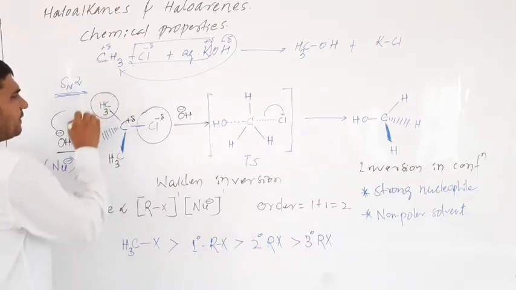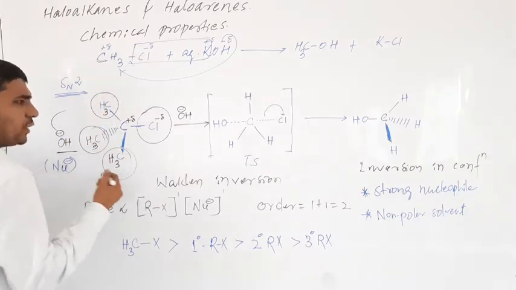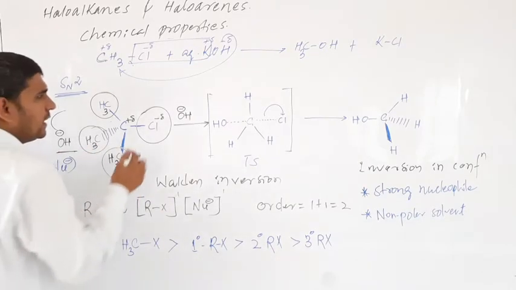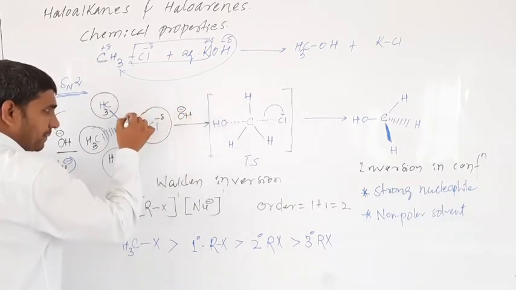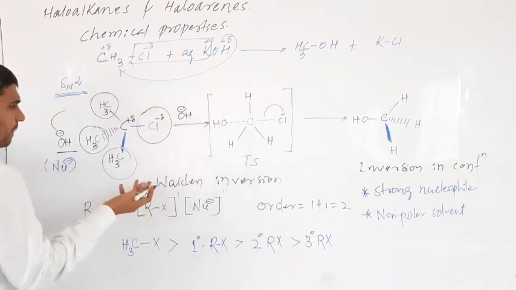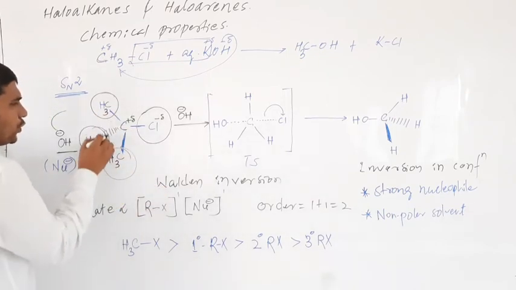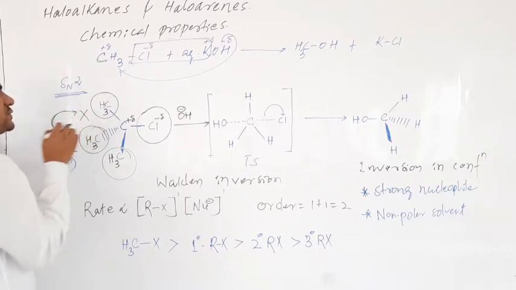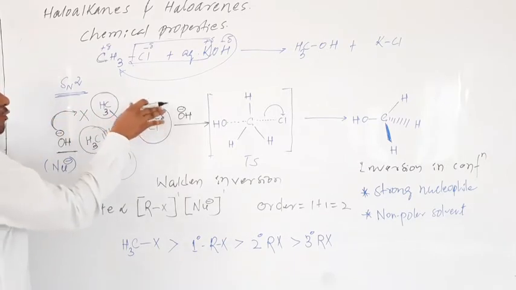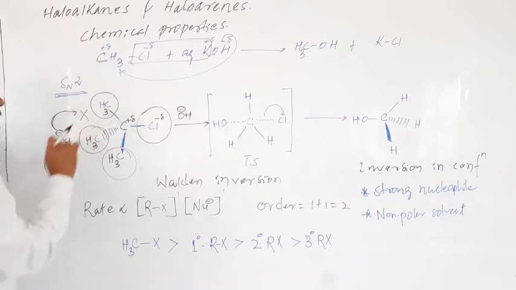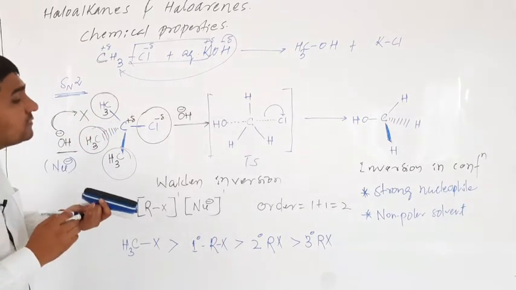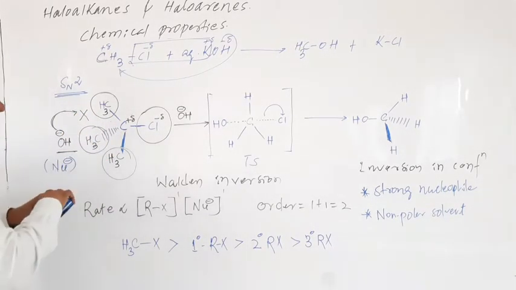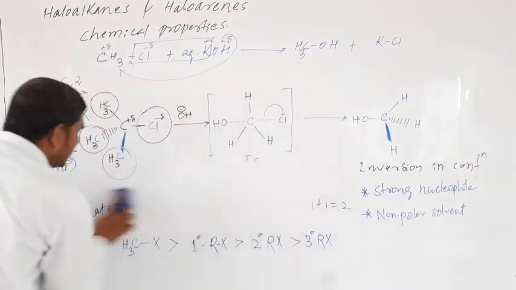This is bigger, this is also bigger, this is also bigger. Now this group becomes bigger. OH minus cannot approach from the front side, that we know already. And now, due to bulkiness, OH minus cannot approach from the backside also. Both ways are blocked for the nucleophile. Now this is a tertiary alkyl halide.